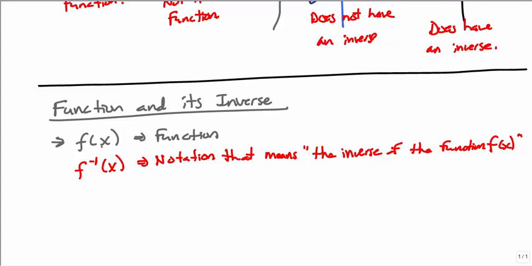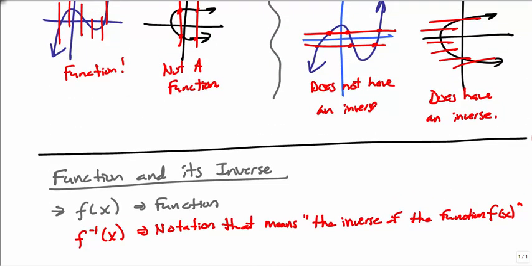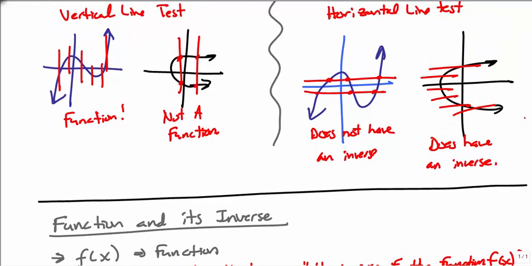Now, another name for a function that has an inverse is called one-to-one. So these functions on the right-hand side that pass the horizontal line test would be called one-to-one. This one is not one-to-one because it didn't pass the horizontal line test.